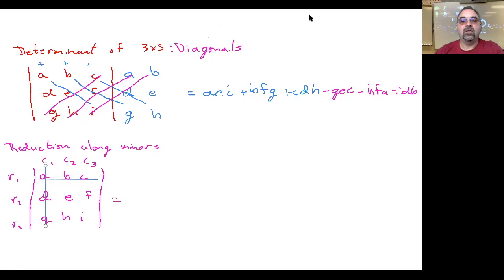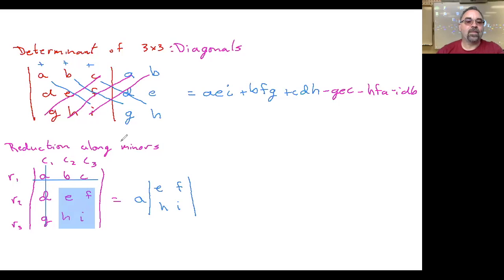And if you look right here, you see a 2 by 2 matrix. So the minor for A is the 2 by 2 E, F, H, and I, like so.